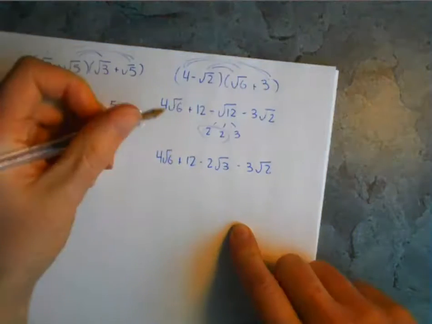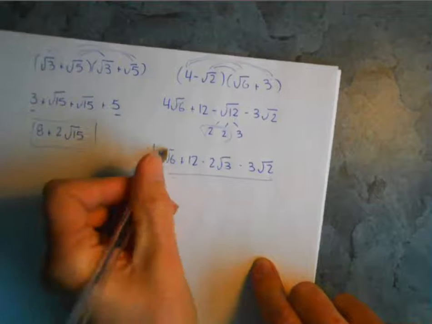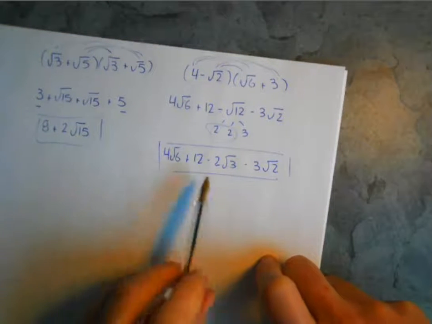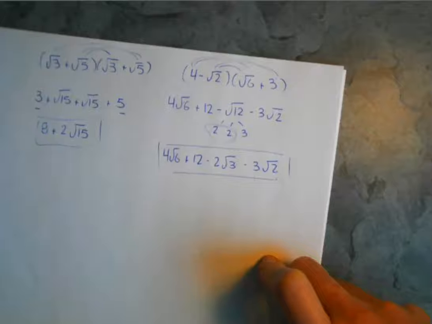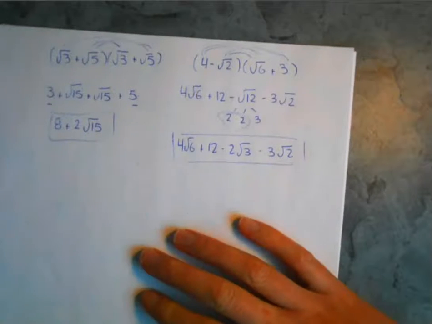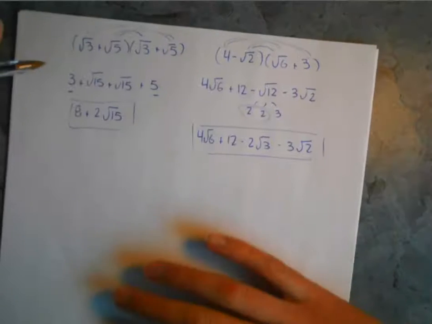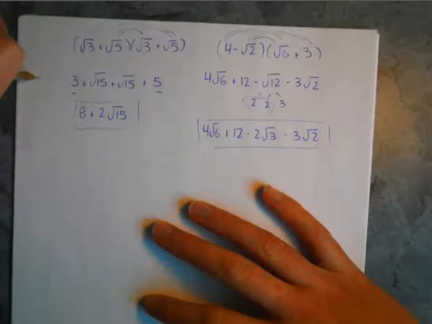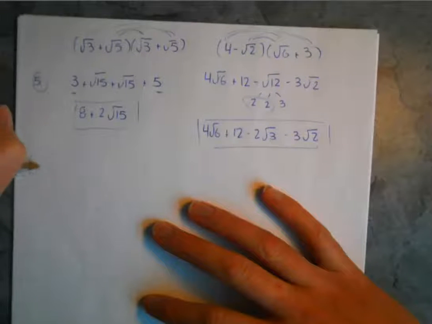Okay, so that's our final expression there, simplified as much as we can, because none of the radicals can be simplified anymore, and none of the terms can be added together because they don't have the same radicals, or they're not just plain numbers.